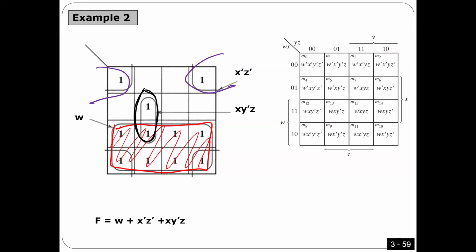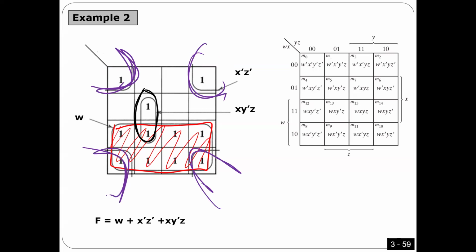Why? Because now I created a group of 2, but I can create a group of 4, since this is 1, 2, 3, 4. So this is the best option for me. This way, I'm going to have 3 terms, the most simplified terms. Any questions?